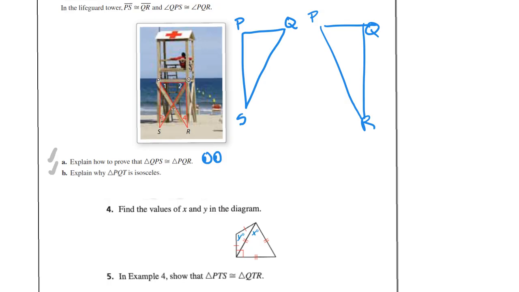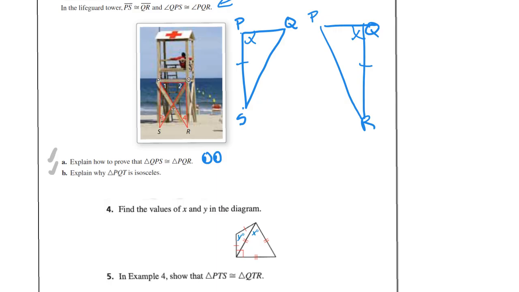And now I'm going to add my given information up here. So it tells me that PS is congruent to QR. That's awesome. And it tells me that angle QPS is congruent to angle PQR. So I have an angle and I have a side.